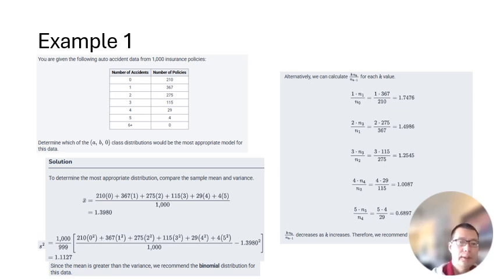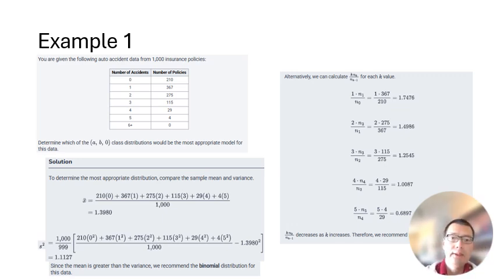So first you can calculate the mean, which is in this formula, and you can also calculate the variance. Similarly, you can see that mean is greater than the variance. Therefore, we recommend a binomial distribution for this data.